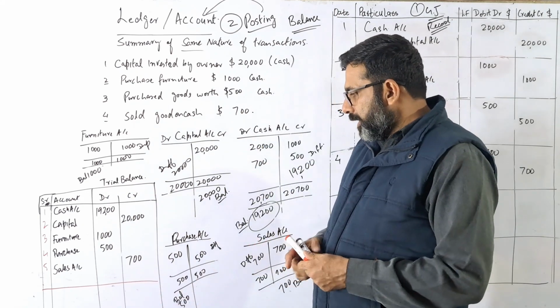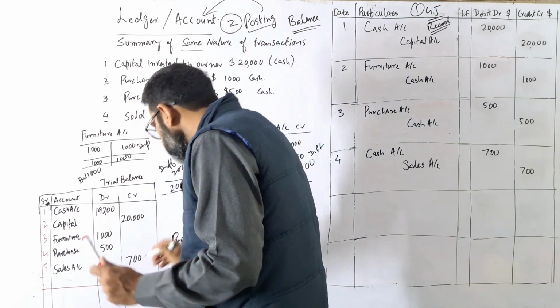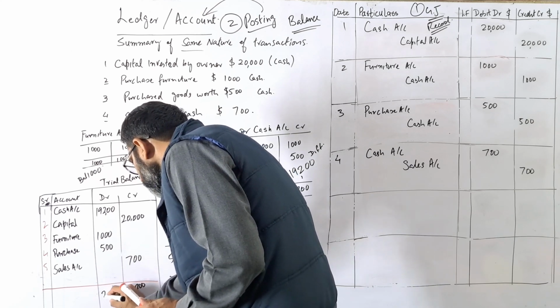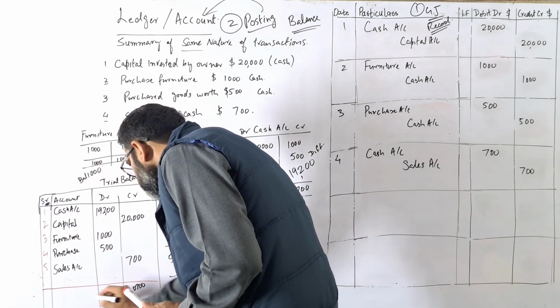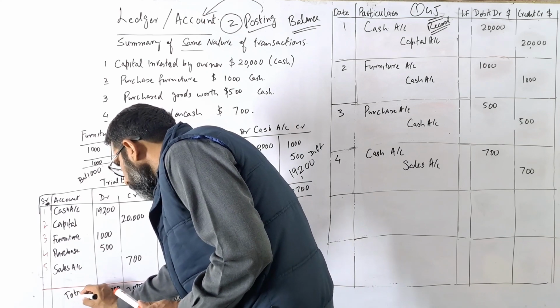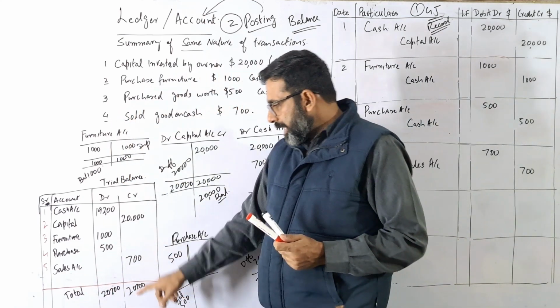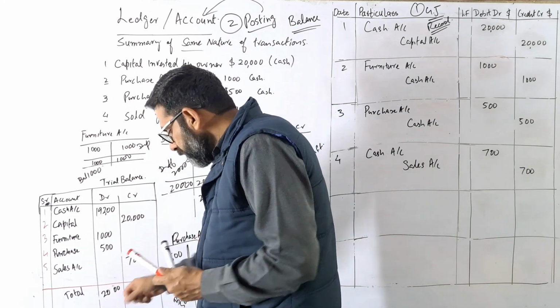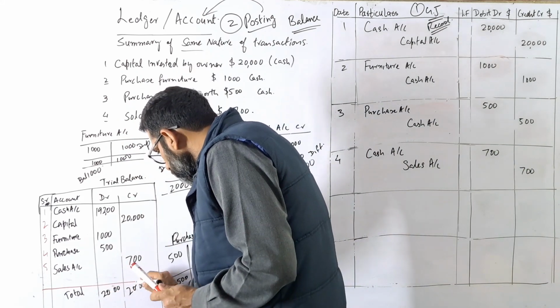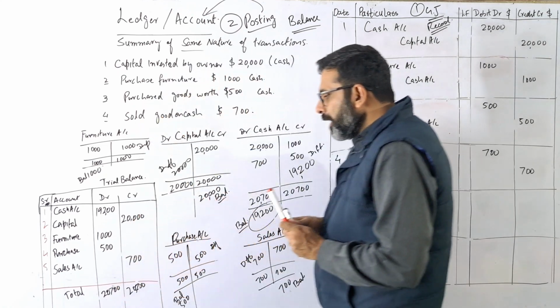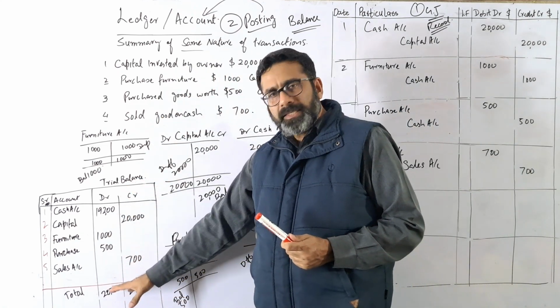So if you see here, the total is 20,700 and 20,700. So the debit side and the credit side are equal.